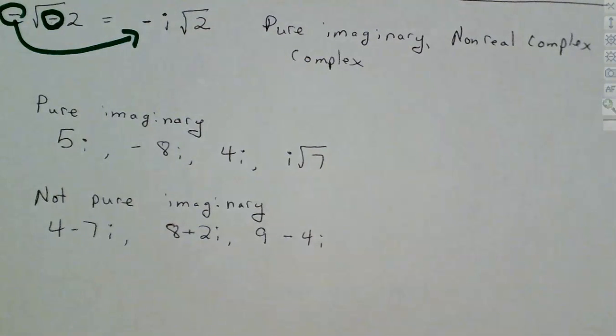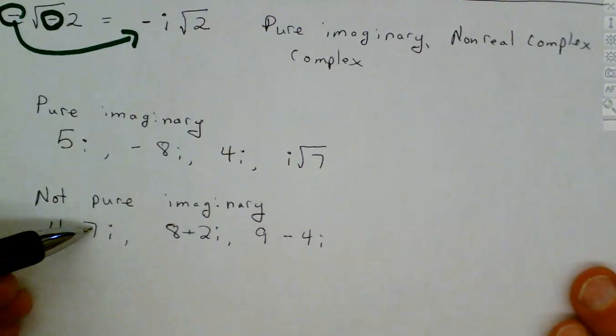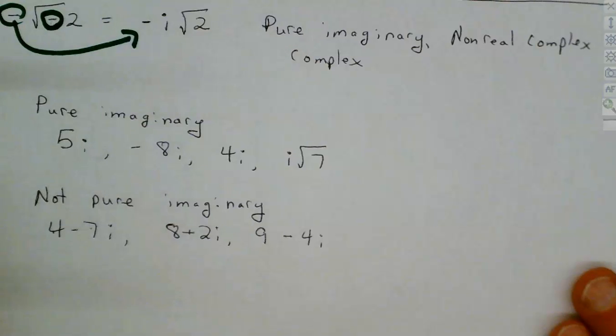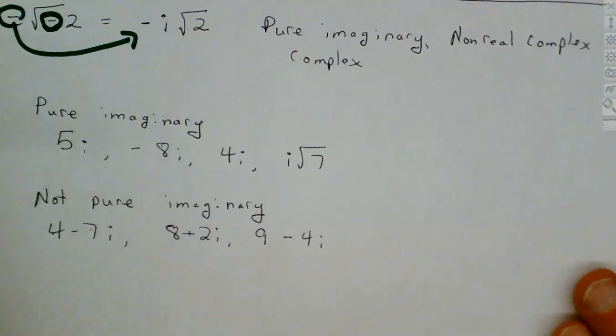Why not? Because these have a real part out in front and an imaginary part behind it. Do you see the difference between a pure imaginary number and something that's not pure imaginary? So these are just non-real complex here. These are also non-real complex and pure imaginary. But you see the difference now.